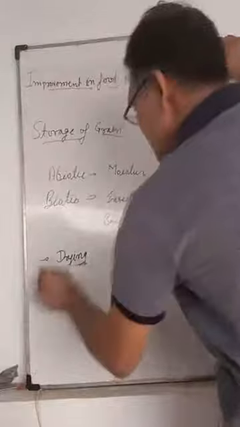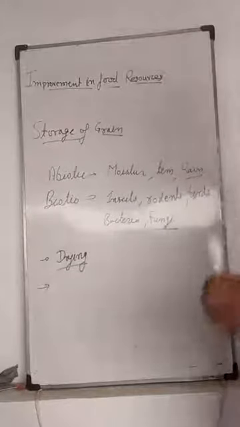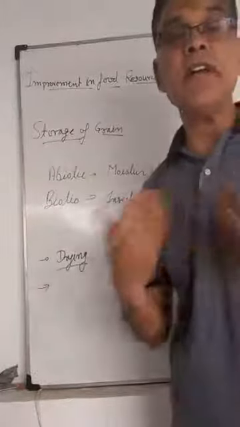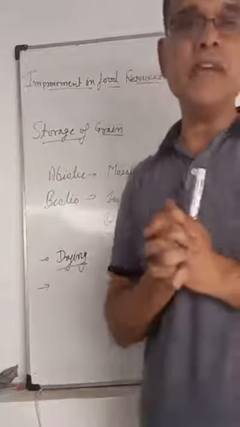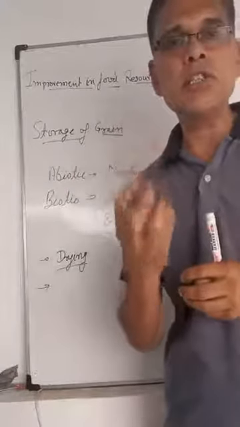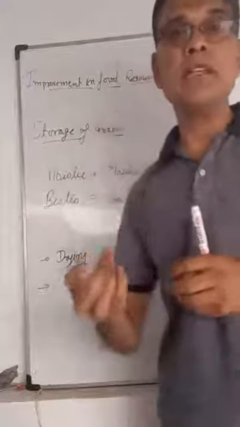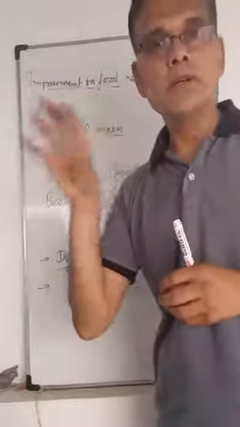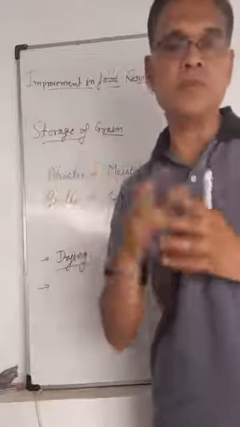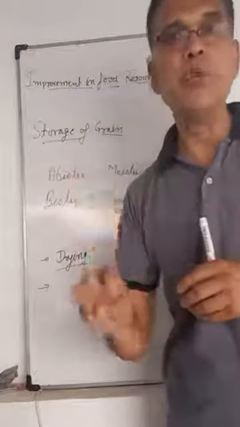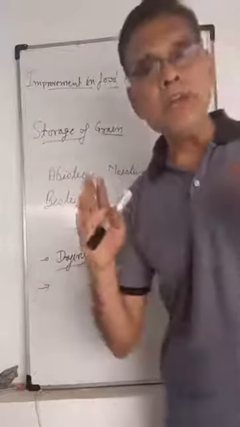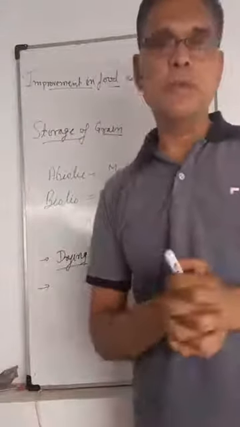maintenance of proper hygiene, and applying different types of fumigation. Fumigation is the process of spraying particular types of chemicals on the harvested crops. That is known as fumigation. Then making a proper storage house.